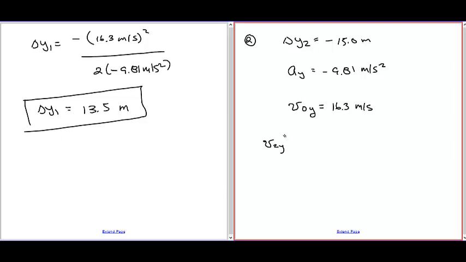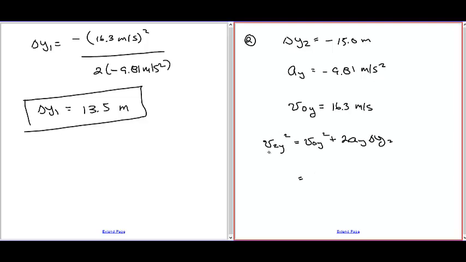Well, that's equation 4. We know v2y squared is equal to v0y squared plus 2a sub y delta y sub 2. And this is already solved for the thing we're trying to figure out. Like I said, I usually solve for v sub y squared and then take the square root.